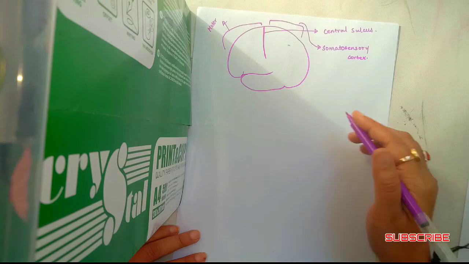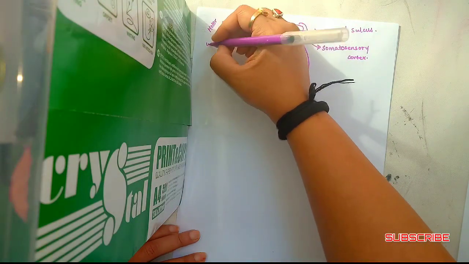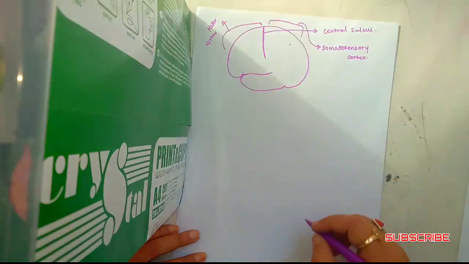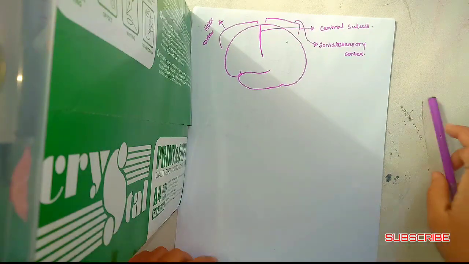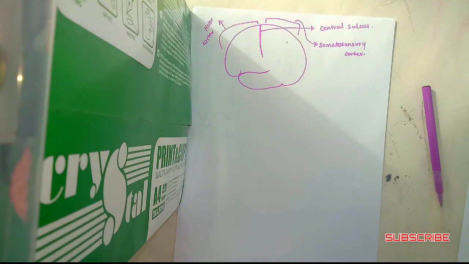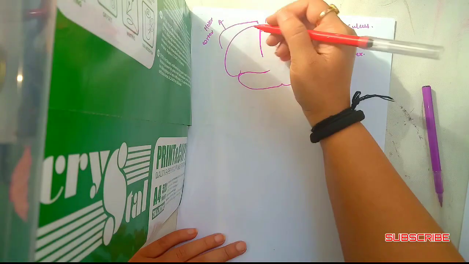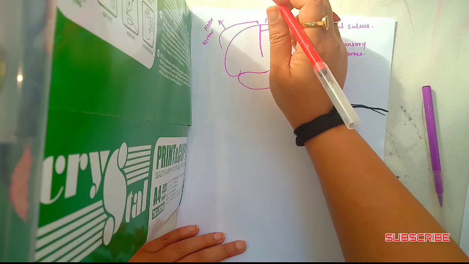This motor cortex is divided into three parts: primary, premotor and supplementary motor area.